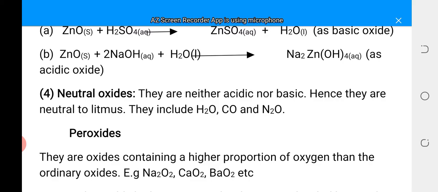All these are examples of peroxides because they contain a higher proportion of oxygen than the ordinary oxides of those metals.